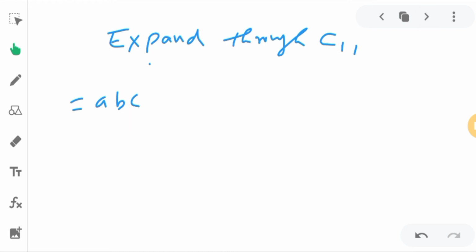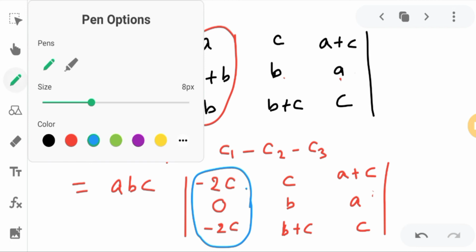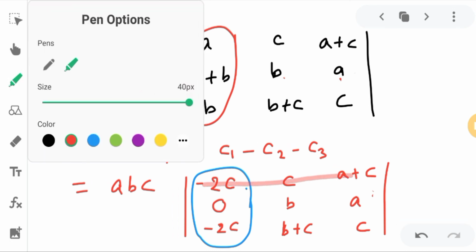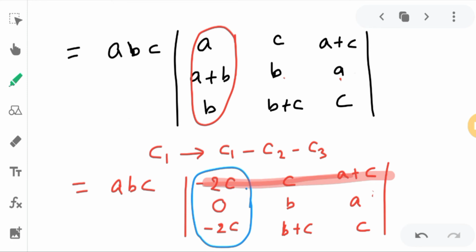So minus 2C into, when I expand, the corresponding row and corresponding column will finish.